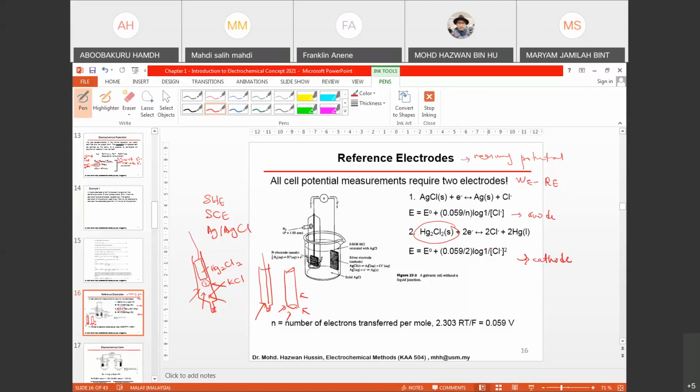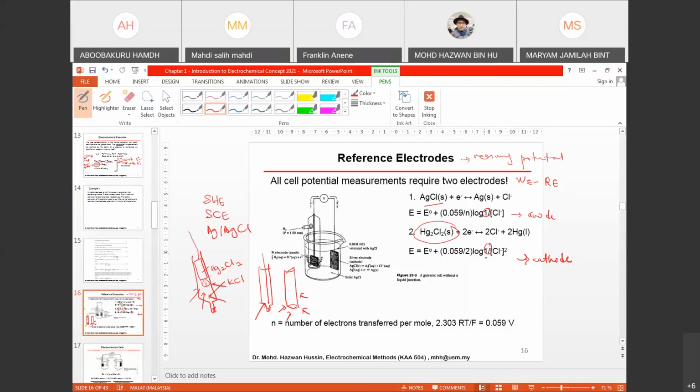This representation is noted as follows: E cell equals E naught cell plus 0.059 over n log 1 over product. The product over here is Cl minus, and remember that the solid is the reactant. Normally a solid doesn't have any concentration or activity, so it is noted as 1.